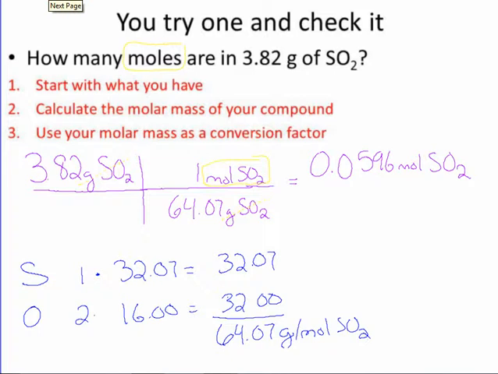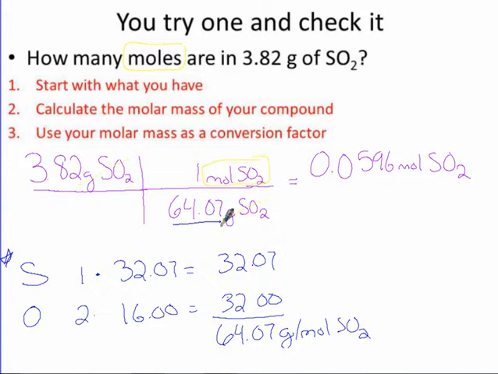I started with what I had, my 3.85 grams sulfur dioxide. Here are two nonmetals, so it's a covalent compound. And I went from grams to moles using my conversion factor. The conversion factor I got was down here. All right, 1 sulfur, 2 oxygens, add that up, I get 64.07 grams per mole sulfur dioxide.